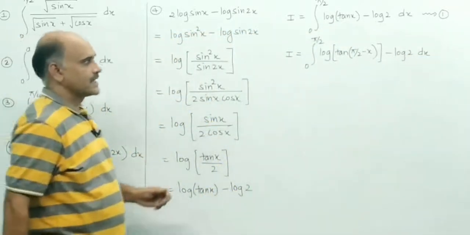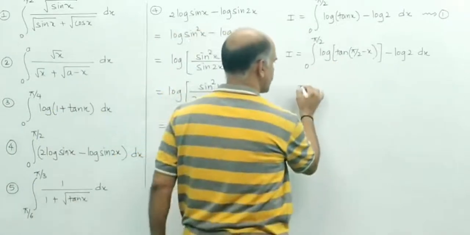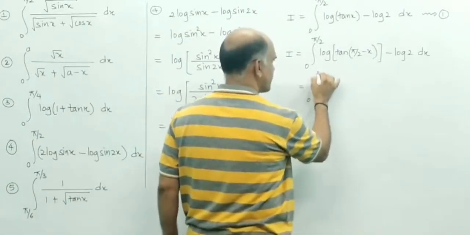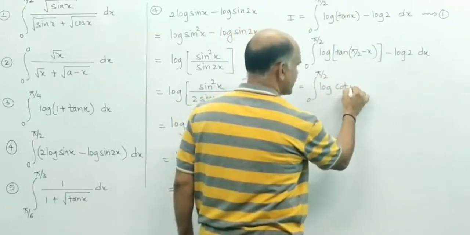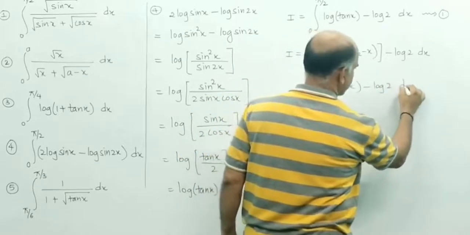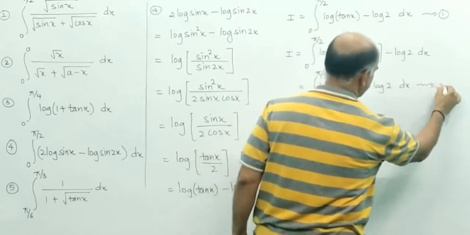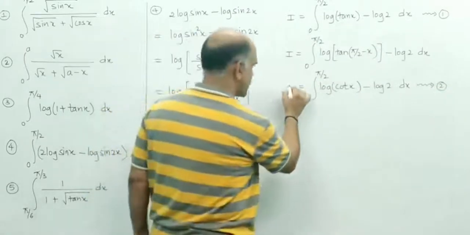So tan of 90 minus x is cot x. So this is equal to 0 to pi by 2 of log cot x minus log 2 dx. This is equation 2.